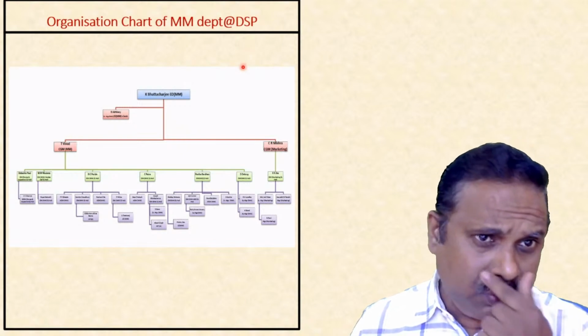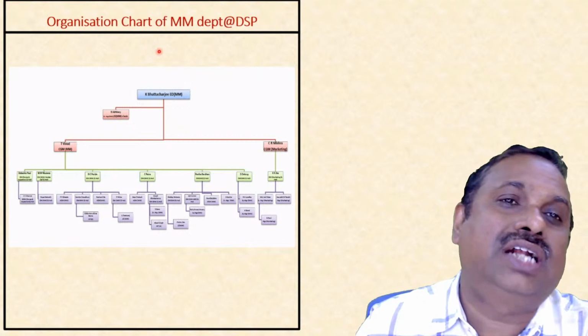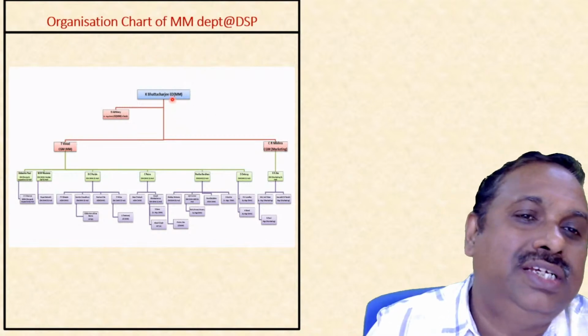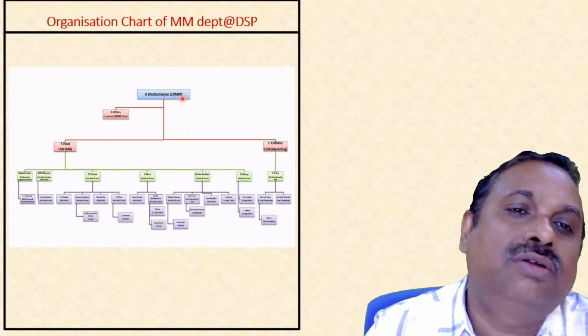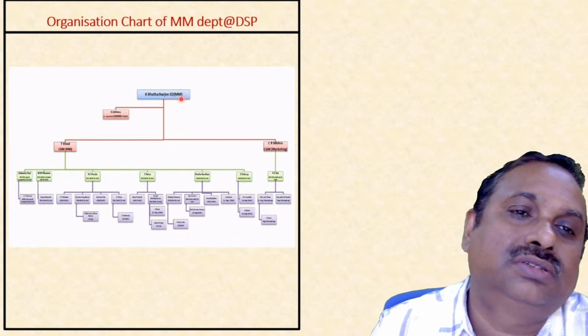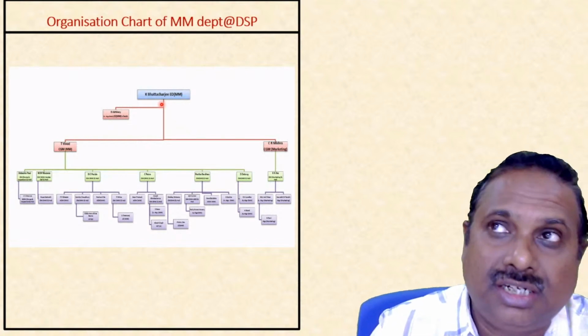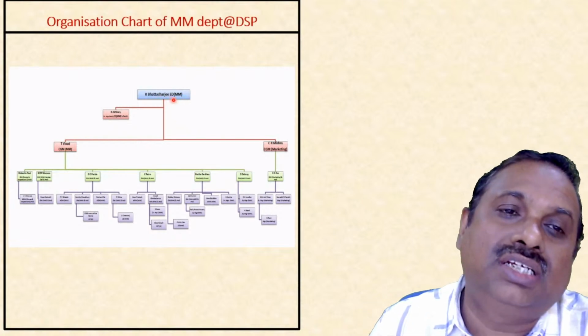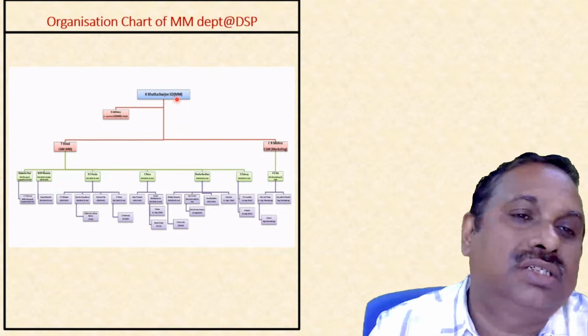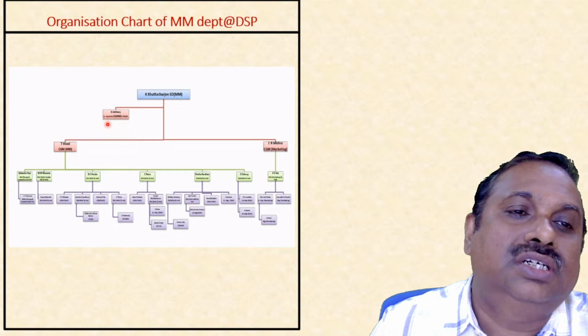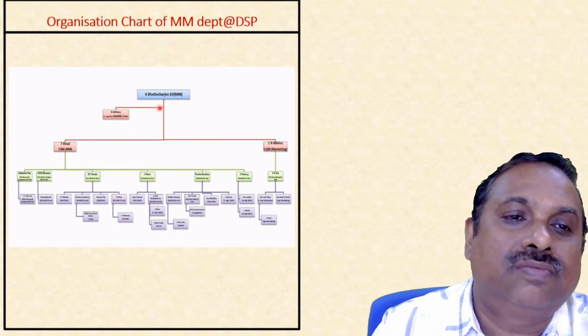So if we take the organizational chart of the materials management department, you have one ED, executive director for materials management, one executive director. So Mr. K. Bhattacharya is the executive director. Adhikari is his senior manager, he is his secretary.